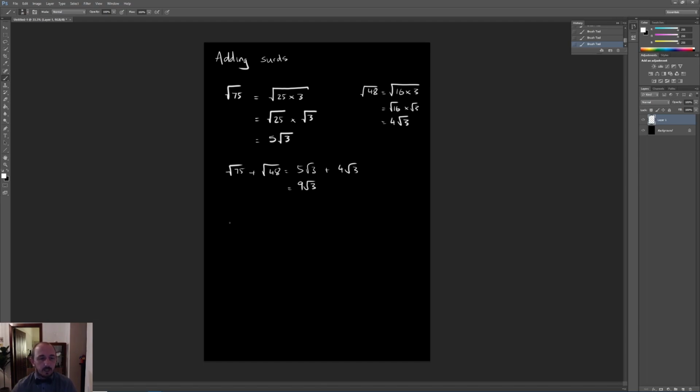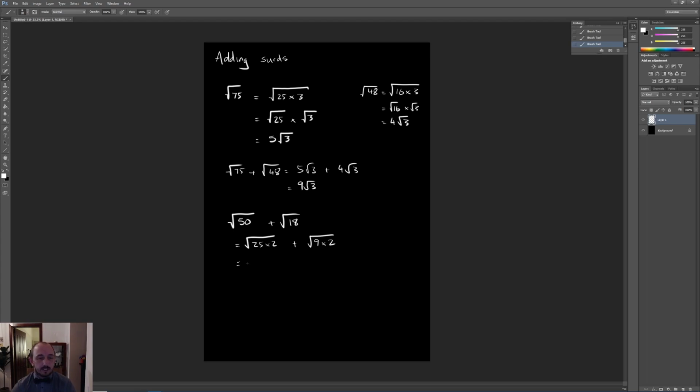Let's try the square root of 50 plus the square root of 18. So in this case, we're looking for the highest factors of 50, so we can have 25 times 2. And we can add that to the square root of 18, which would have 9 as the highest factor that's a square number, like that.